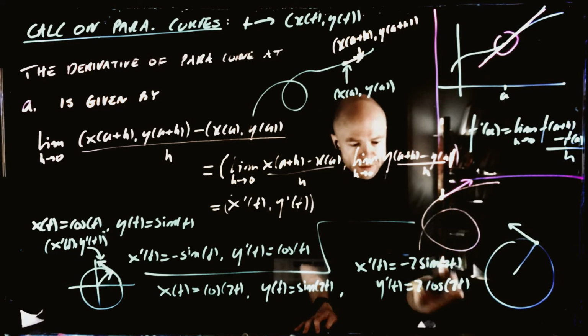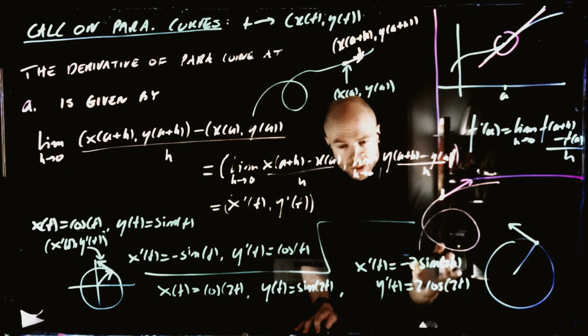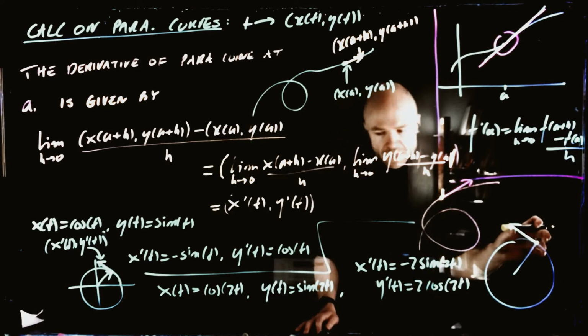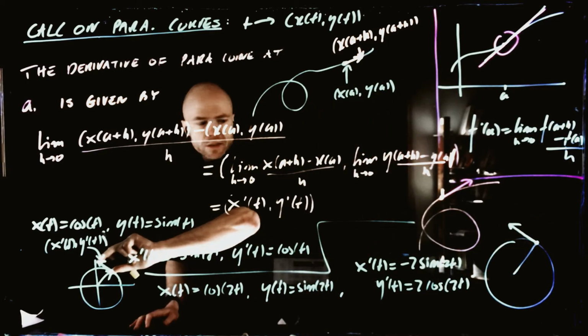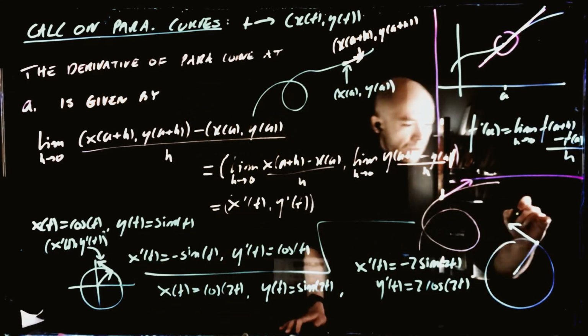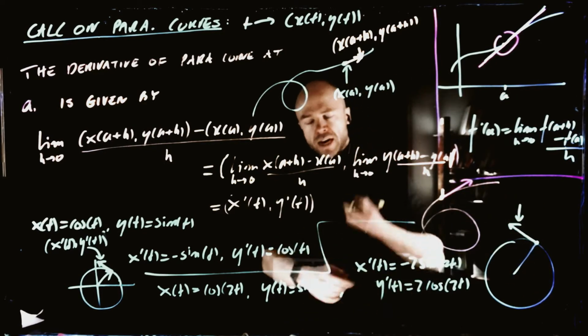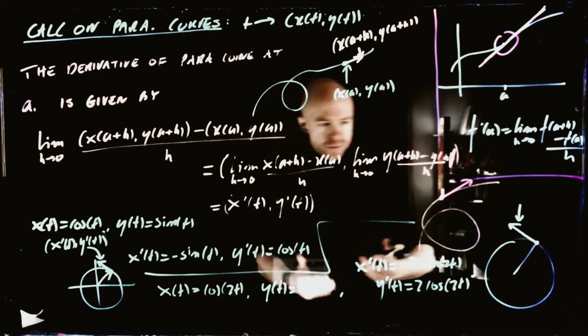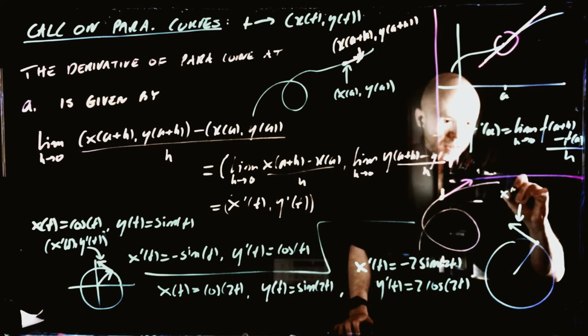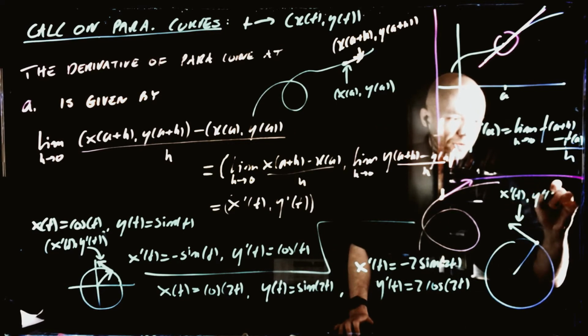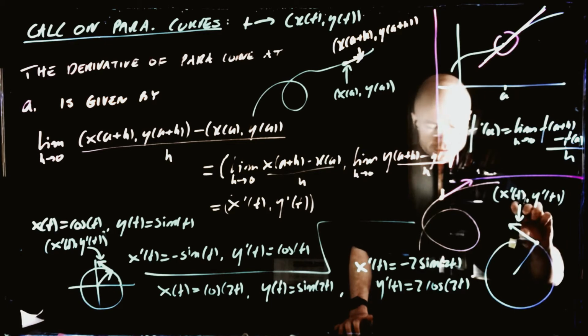But now notice that the length is bigger. It's actually twice as big, right? This vector here is twice the length of this vector here, just as we were saying. So the length of the vector encodes the speed. So this is x prime of t, y prime of t in this case.